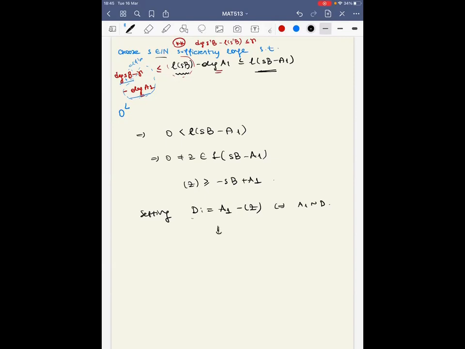And this divisor D is less than or equal to A1. And if you consider this inequality, that means minus that is less than or equal to SP minus A1.